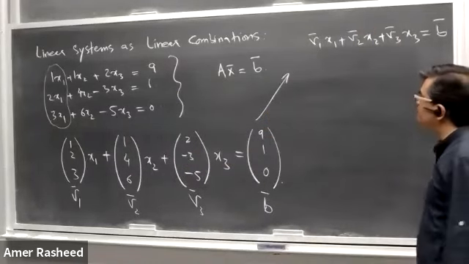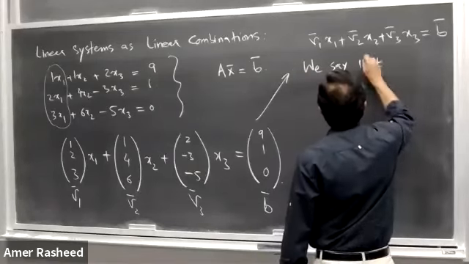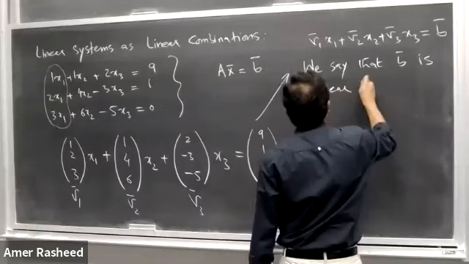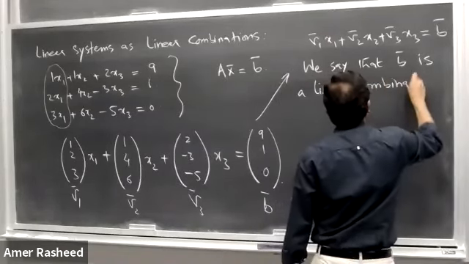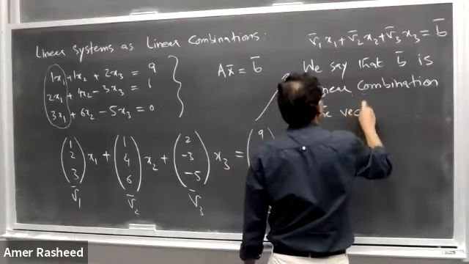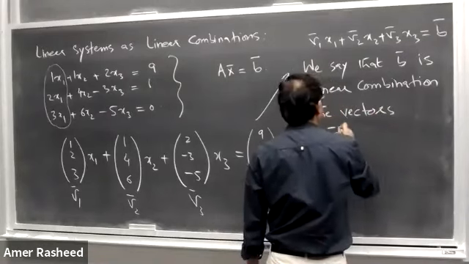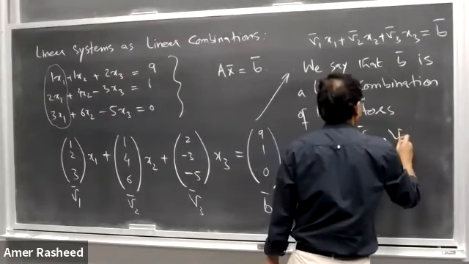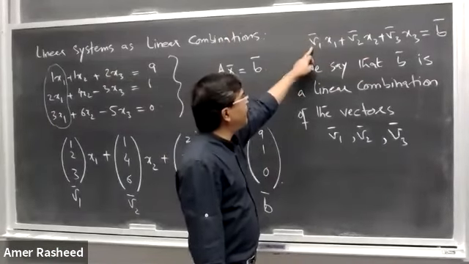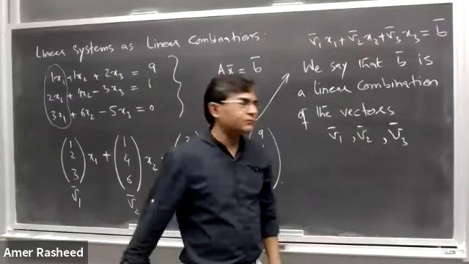Now we say that B is a linear combination of the vectors v1, v2, and v3. So this is what B is, a linear combination of the vectors v1, v2, v3.